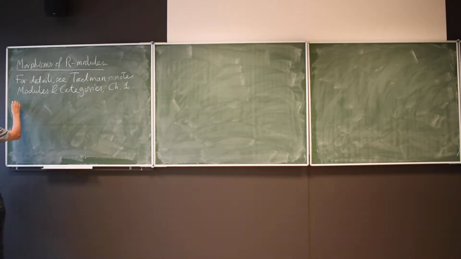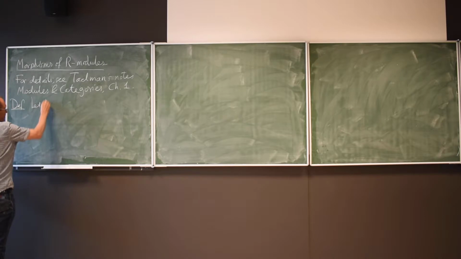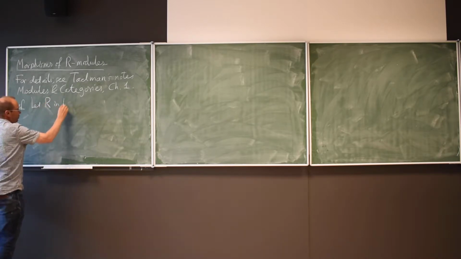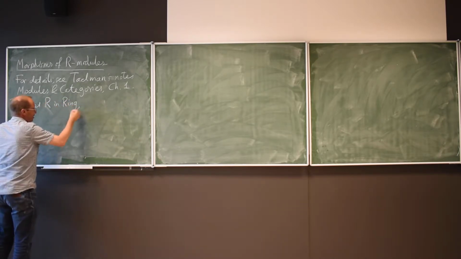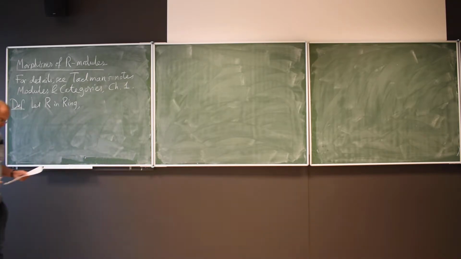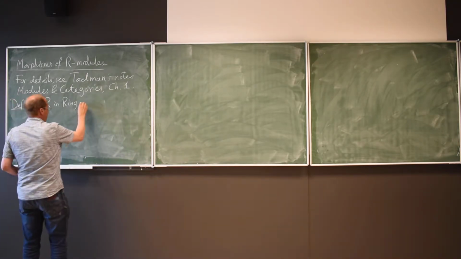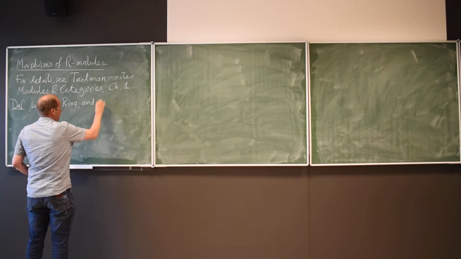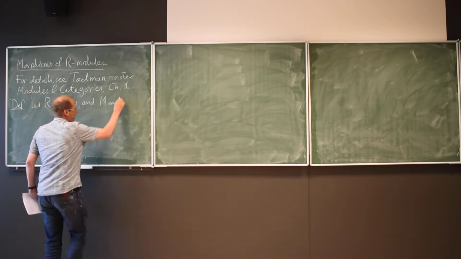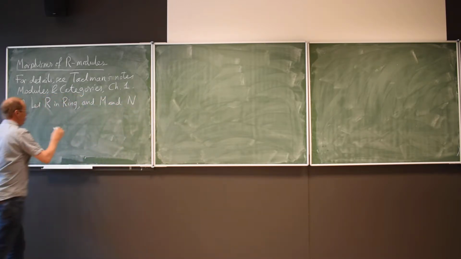Okay, so we'll start right away. Definition. Let R be in the category of rings. So R is a ring, not necessarily commutative, and let M and N be left R modules.